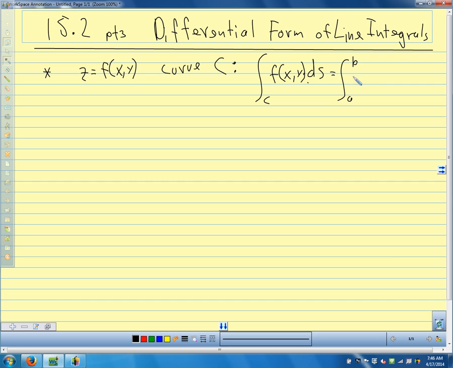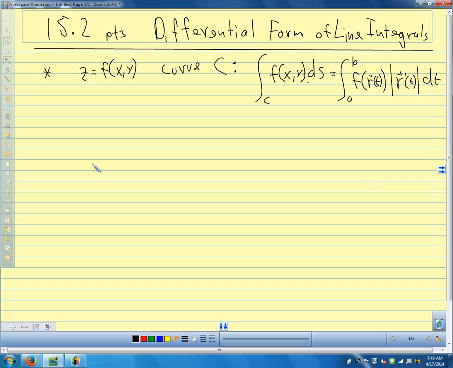We're parameterizing our curve, expressing our function in terms of the parameter, f of r of t, and then we multiply by the magnitude of r prime of t dt. So that was how we evaluated a line integral when we had a scalar field.